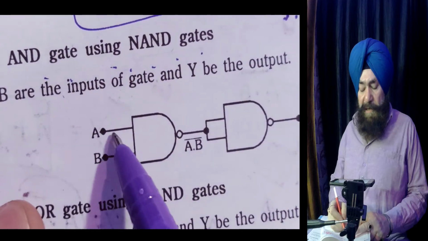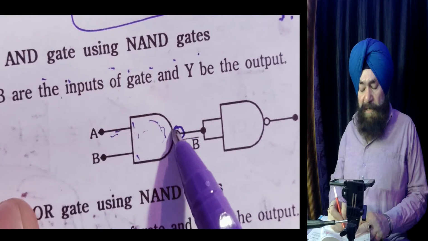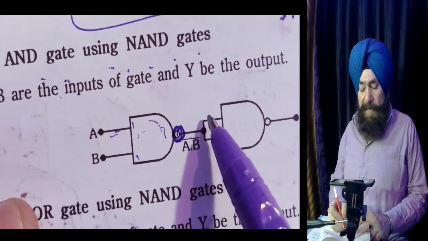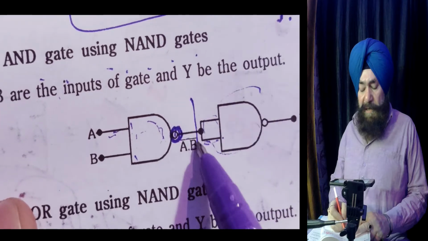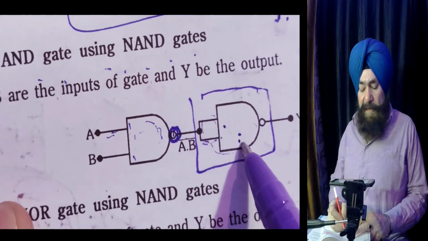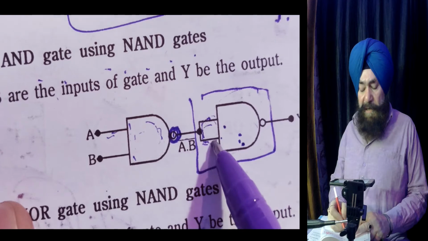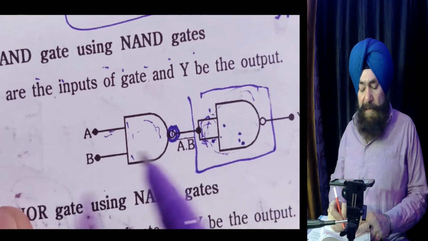Okay. So first of all, this is one NAND gate. After NAND, there is again a NAND, but inputs are connected together. Now it behaves like a NOT gate. Of course, it is NAND, but inputs are connected, so it behaves like the NOT gate.